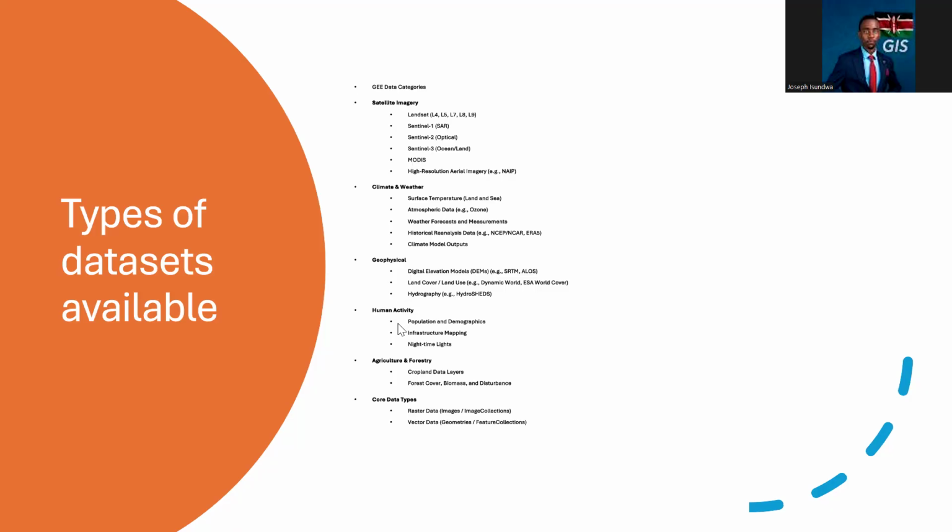So apart from geophysical, we also have human activity. This can be population or demographic data, infrastructure mapping, or even nightlight data. Nightlight data is also available where we can map how nightlight is for various cities or various towns across the globe. There is also agriculture or forestry, where we have cropland data layers, forest cover, biomass, and other information.